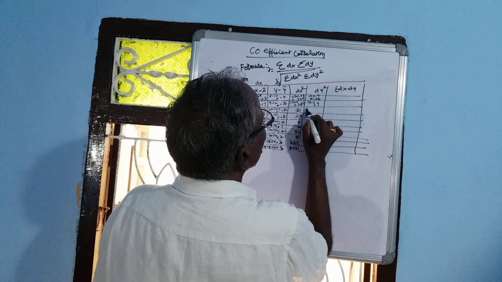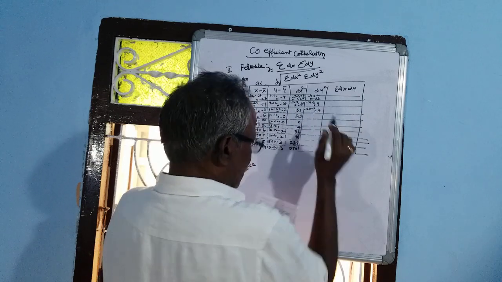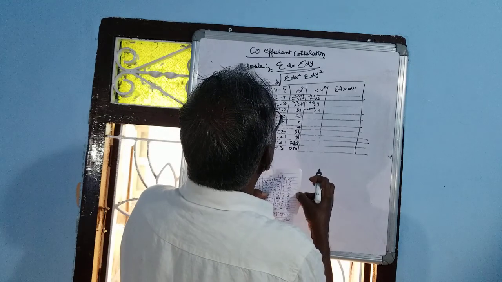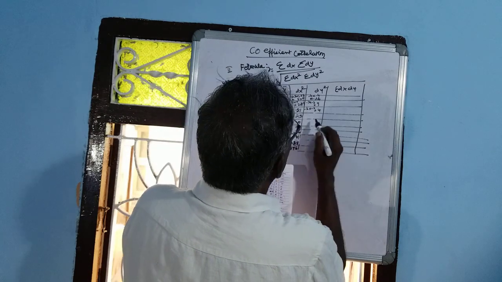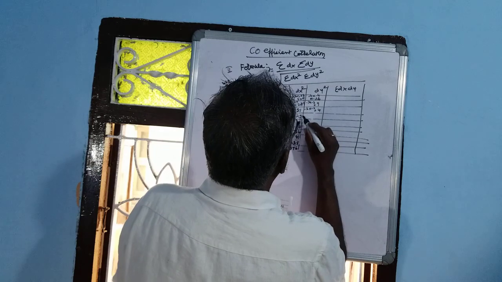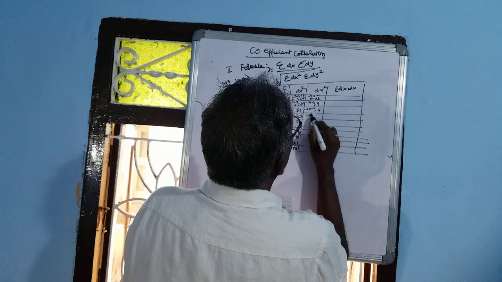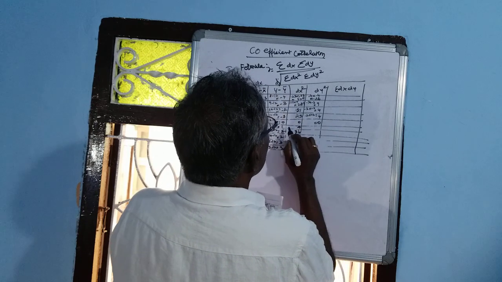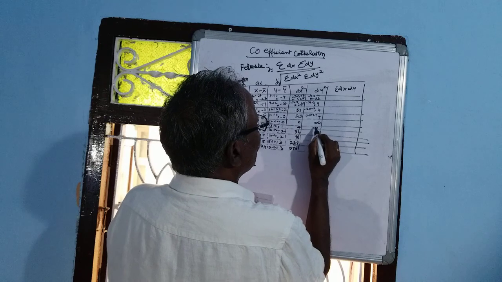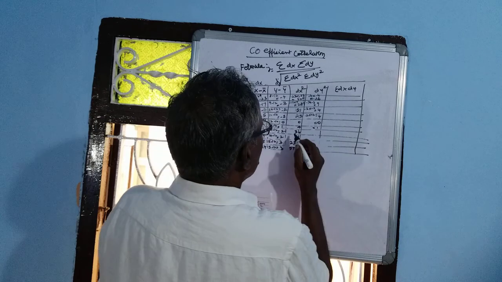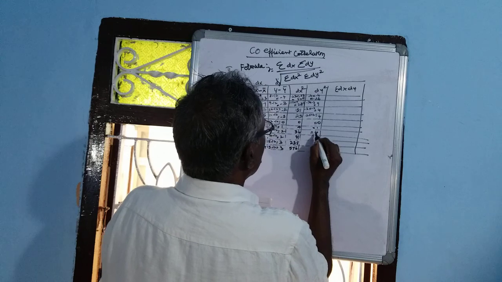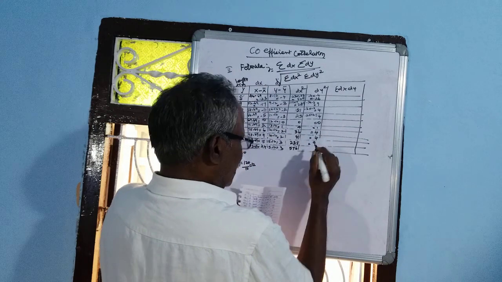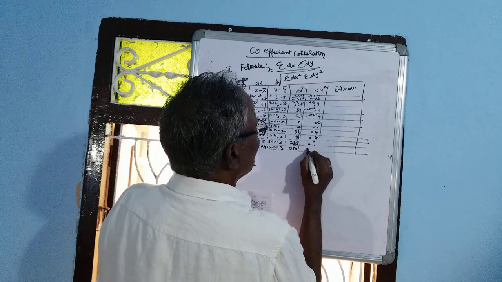Minus 2 into minus 2 is 4. Again minus 2 into minus 2 is 4. 0 into 0 is equal to 0, then 1 into 1 is equal to 1, then 2 into 2 is 4, 2 into 2 is 4, 3 into 3 is 9, then 3 into 3 is 9.